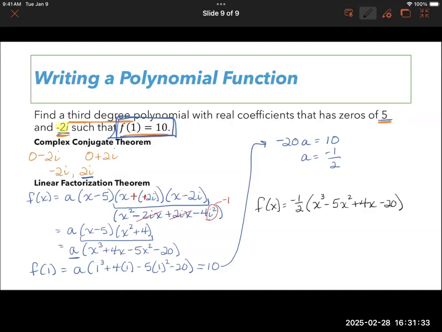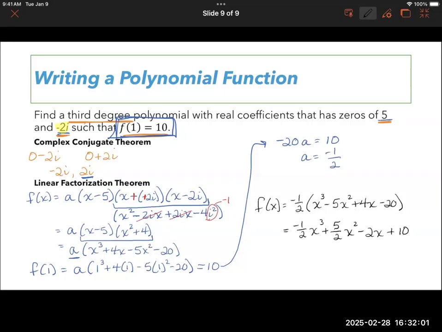Now, depending on your teacher, depending on your textbook, they may want you to actually distribute your negative 1/2 through. So you could also have a negative 1/2 x cubed plus 5/2 x squared minus 2x plus 10. That would also be a proper answer.